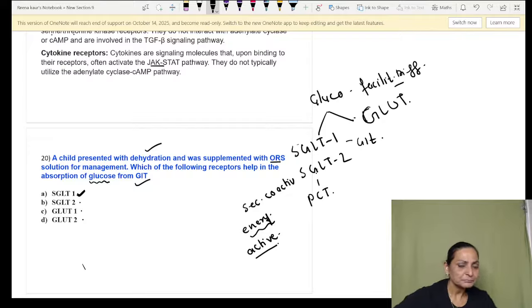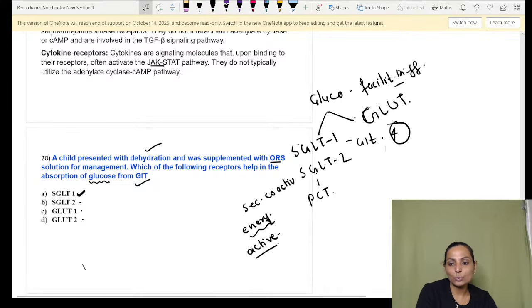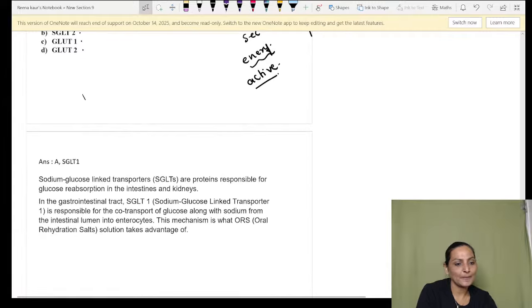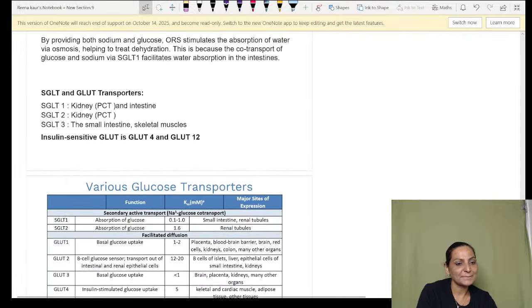Now, there are many GLUTs. Insulin is not going to act on each and every GLUT. The insulin dependent GLUT is only GLUT4. So mainly 1 intestine, 2 kidney.